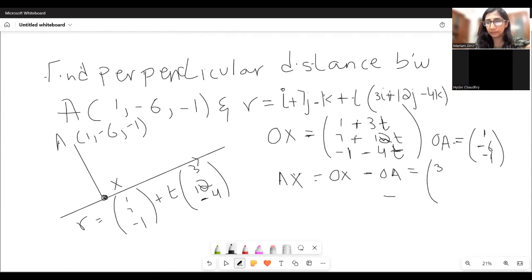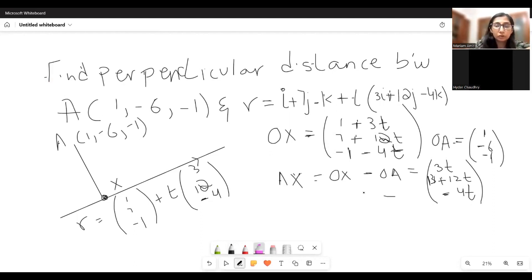That would be 3t, then 1 plus 12t minus, 0, minus 4t. Let me confirm: 3t, 13 plus 12t, minus 4t. Yes, it's going to be 13, because 7 minus 6 is not 1, it's 7 minus 6, so that's 13. All right, so that's AX.